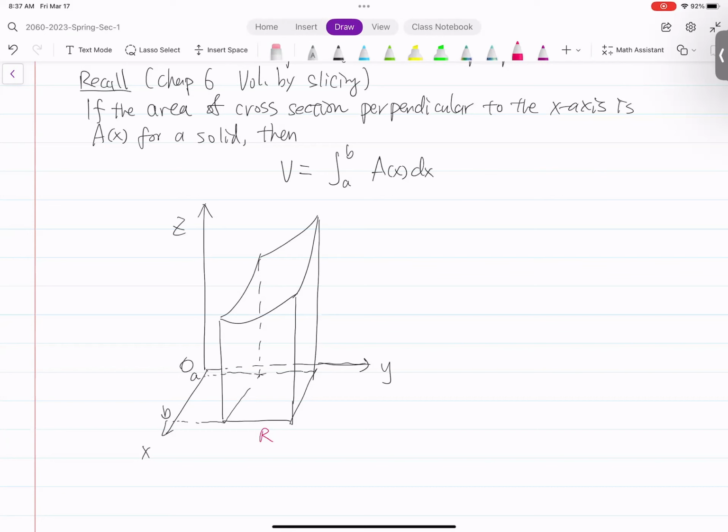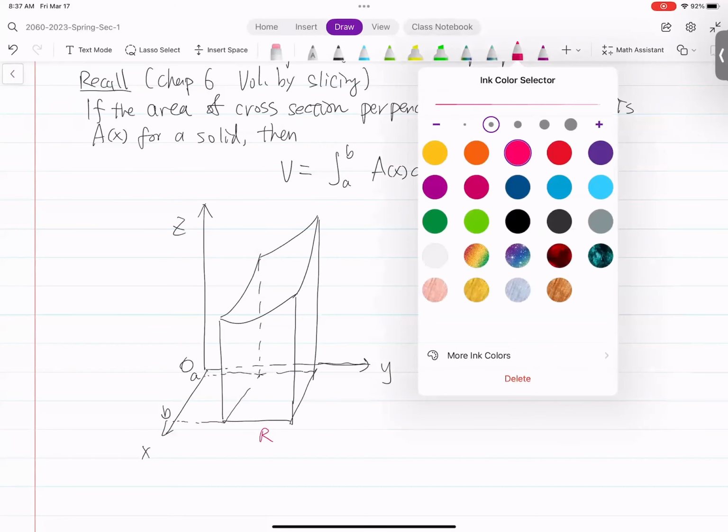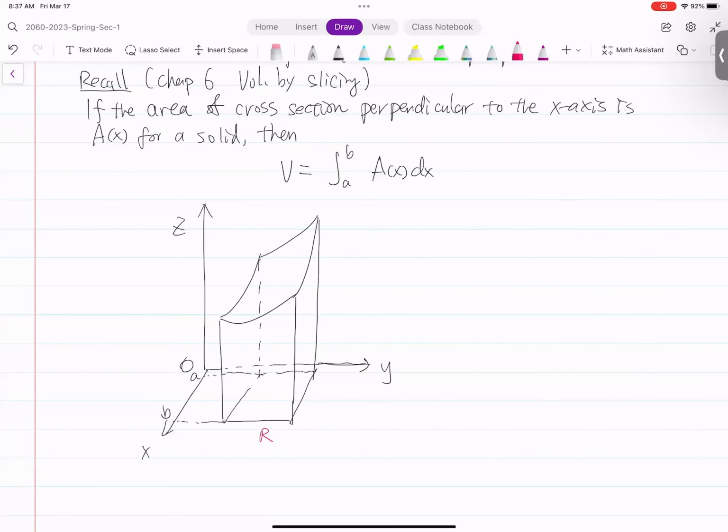But now if you imagine any plane that's perpendicular to the x-axis, that will be similar. That will be parallel. So you will have something like this. It's going to be parallel to the y-axis here, and then it's going to be vertical, and this is going to be an intersection, which is a curve. And now this is the cross section, right?